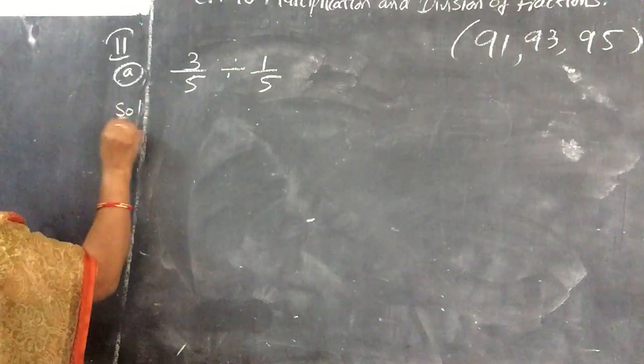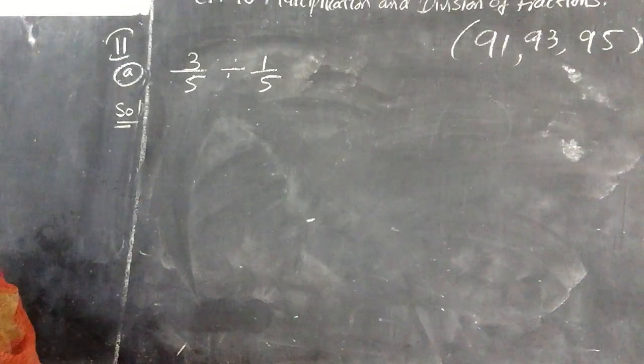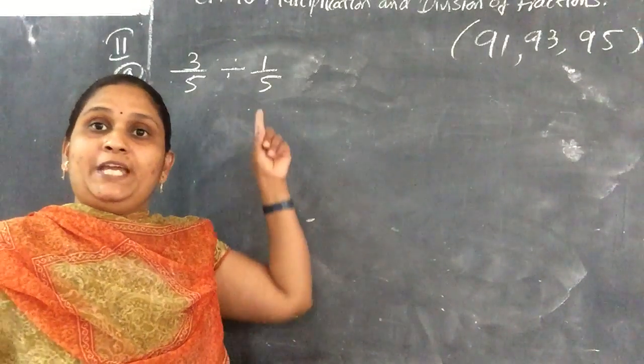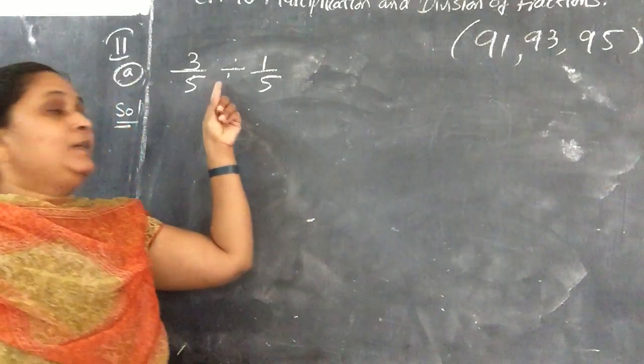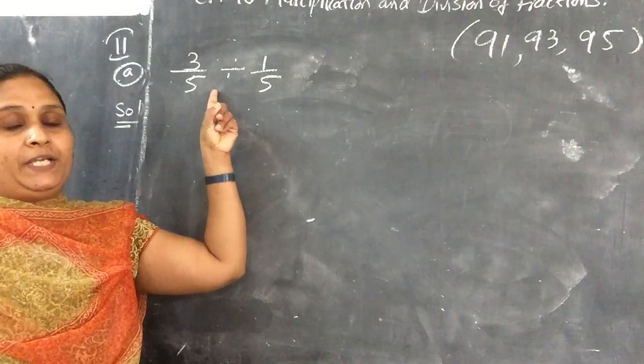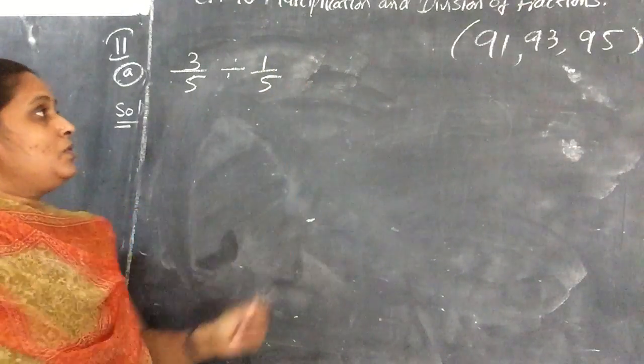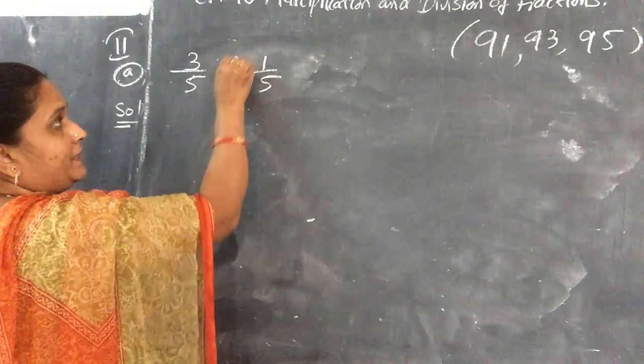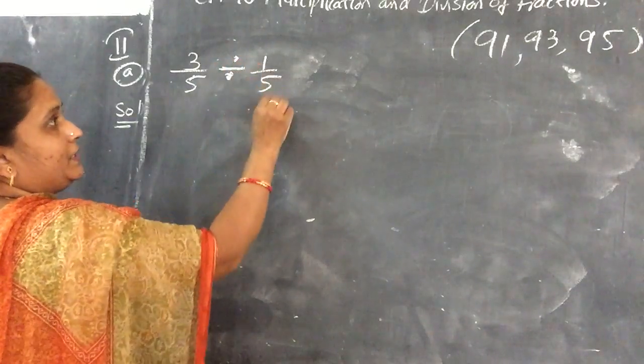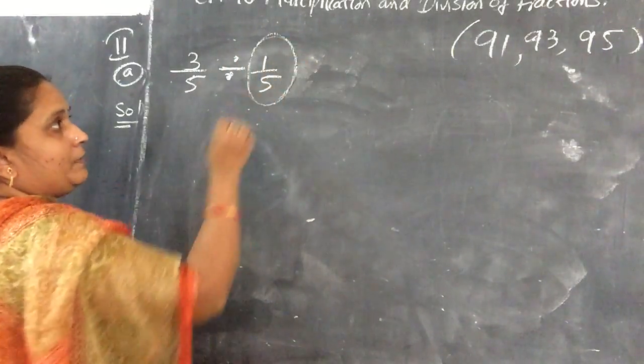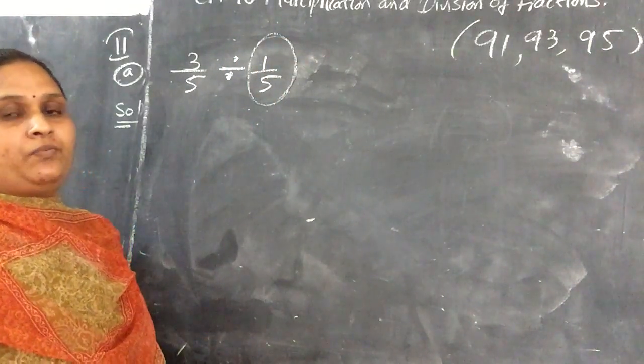So in the solution, first, what do you have to do? To change the division symbol into a multiplication symbol, the number after the division symbol, that number we have to write in the reciprocal form.